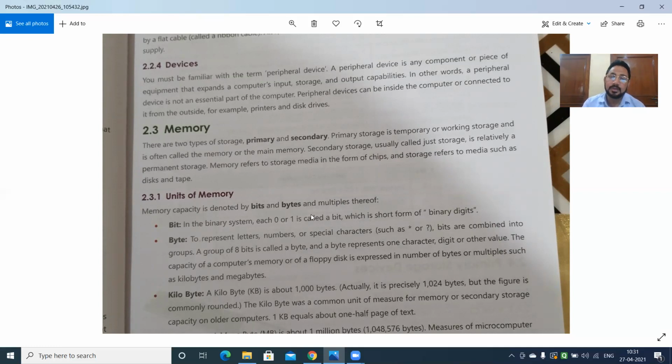The next point was units of memory. Memory capacity is denoted by bits and bytes, and then multiples of them. 1024 KB makes 1 MB, 1024 MB makes 1 GB, and so on. KB stands for kilobyte, MB for megabyte, and so on.